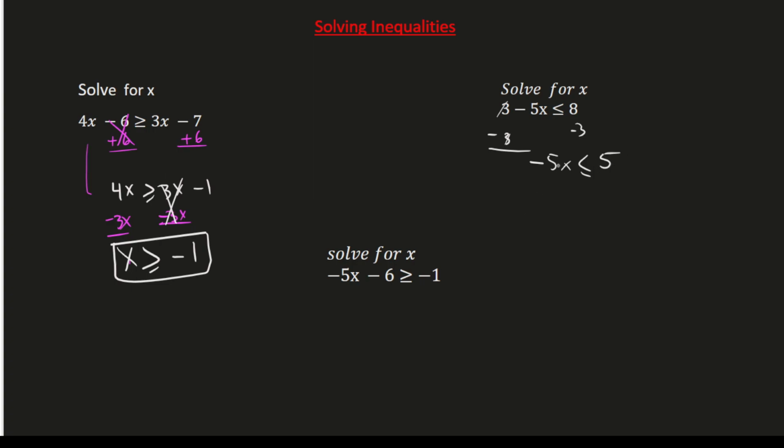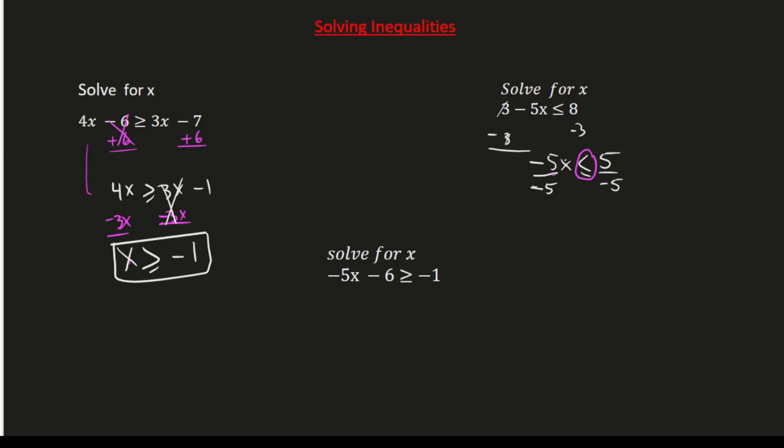Okay? And now we divide by negative 5. We divide by whatever is in front of the variable. So 5 is in front of that x. We divide as well by minus 5. Okay, guys, whenever you get an inequality and you divide by a negative number, this symbol changes direction.